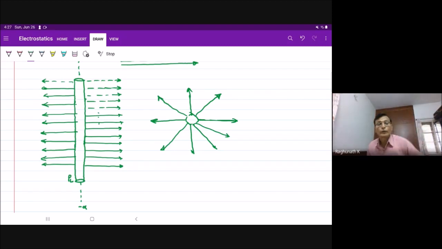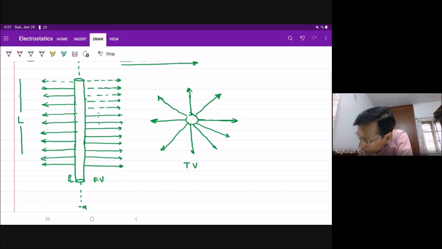This is the top view. This is front view. If I consider a length L of this conductor, I'm not worried about how much length I take. Ultimately, that length is not important for us.